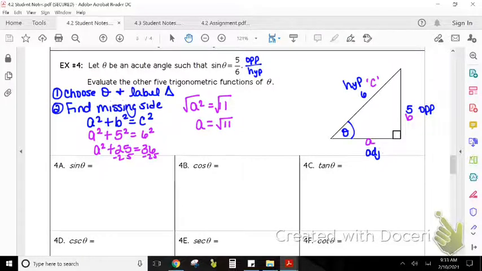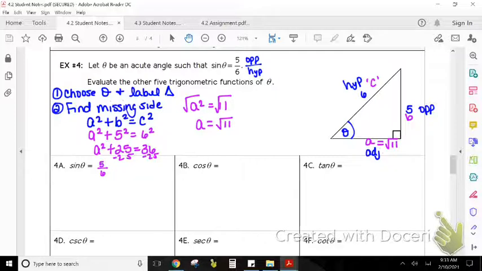Alright, so now we know our 3 sides. We can fill in our sine, cosine, and tangent, or we can fill in our 6 trig functions. So remember the sine is opposite over hypotenuse. So opposite is 5 over the hypotenuse is 6. And we better have gotten that one right because that was the answer they gave us in the problem.